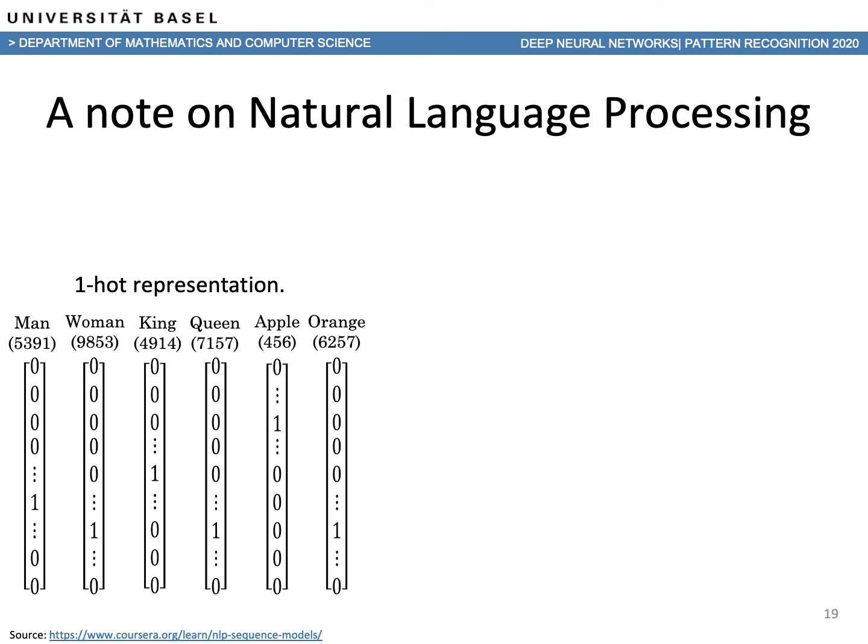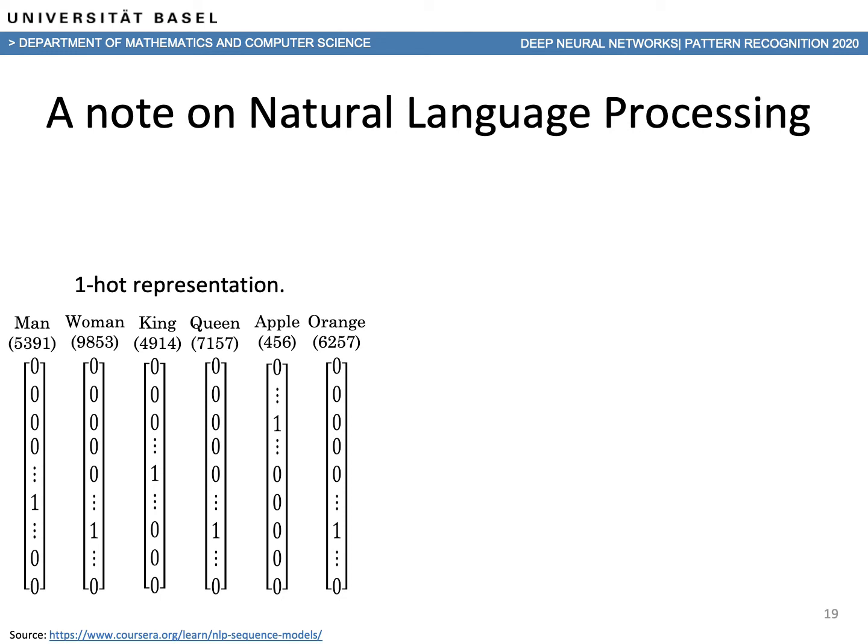So in natural language processing, or in general when working with words, so far we just represented words with this one hot representation, which is shown here. We have a vector of maybe 10,000 entries, and just one of these entries is highlighted as one.